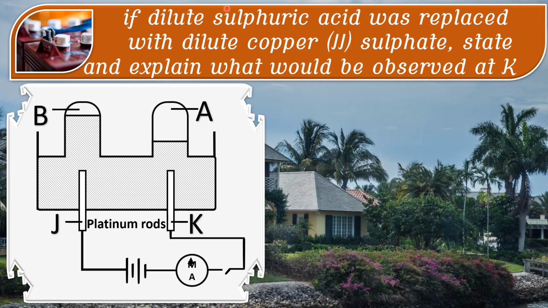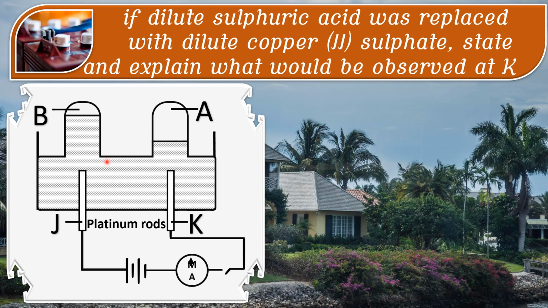If dilute sulfuric acid was replaced with dilute copper 2 sulfate, state and explain what would be observed at K. In the beginning, we were using dilute sulfuric acid as our electrolyte. Now it has been replaced with dilute copper 2 sulfate.